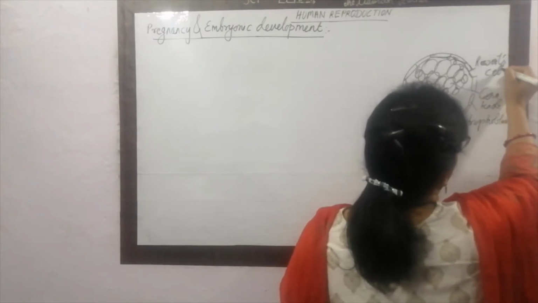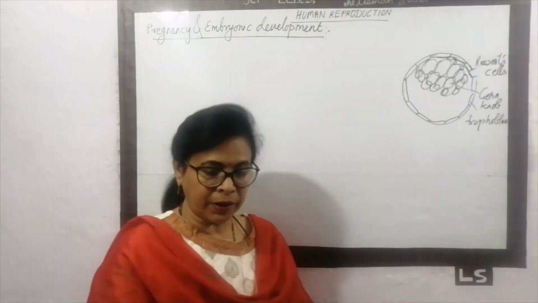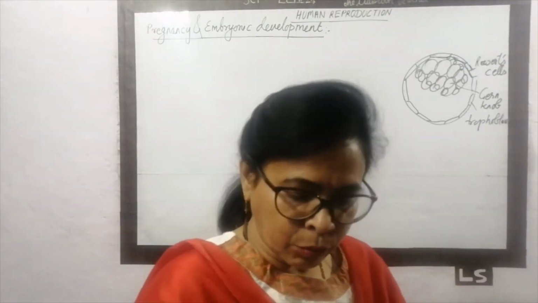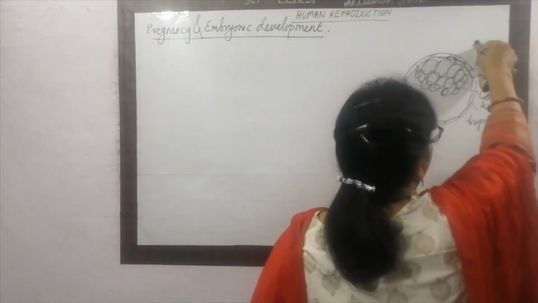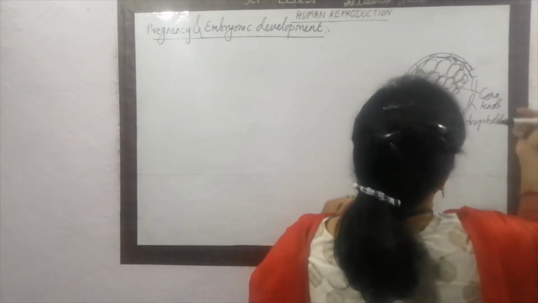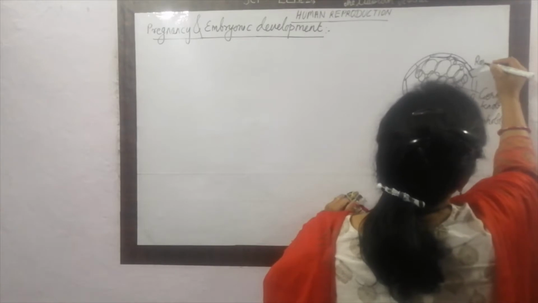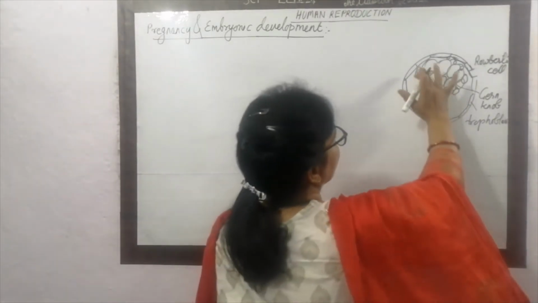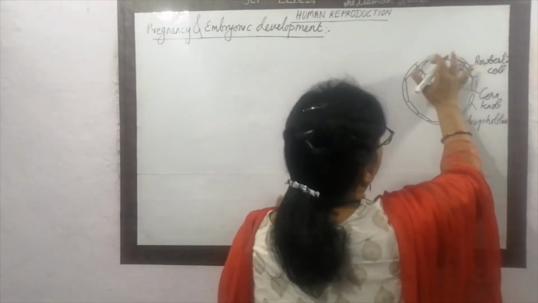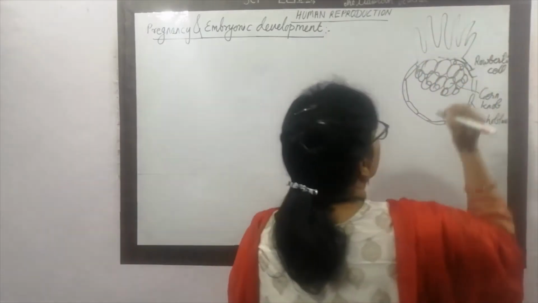Rauber cells play an important role at the time of implantation. What happens? At the time of implantation, these cells are removed from here, and some finger-like projections are formed like this.